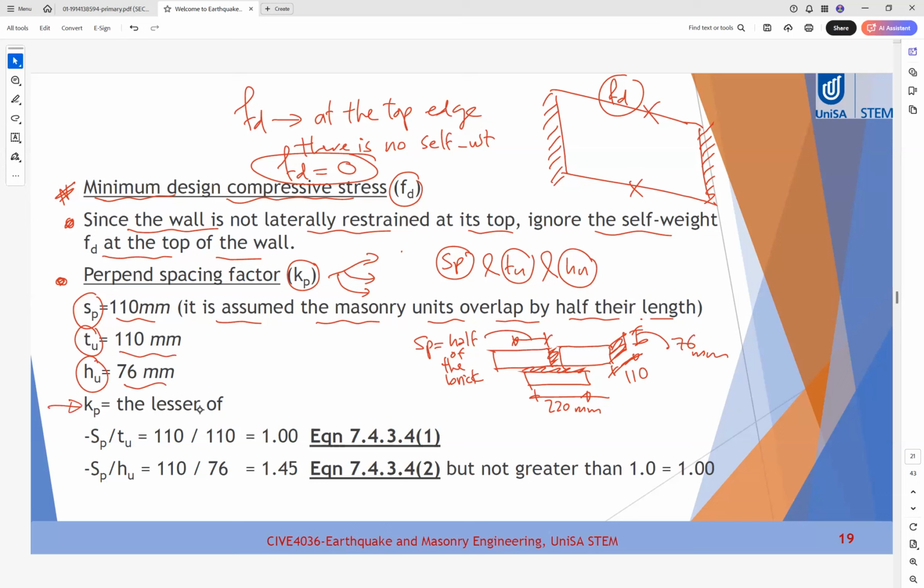So KB will be the lesser of SB over TU, which is 1, and SB over HU, 110 over 76, which will also be about 1. So what is the lesser of them? 1.